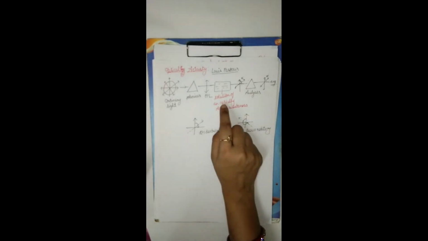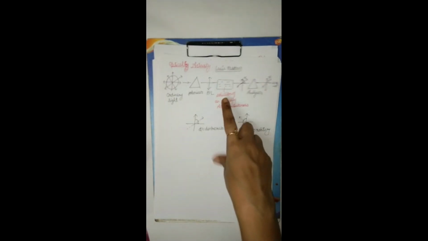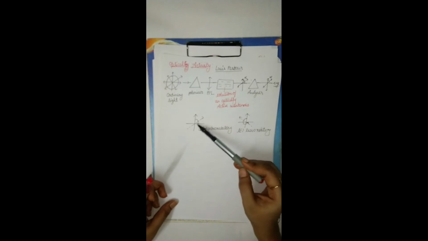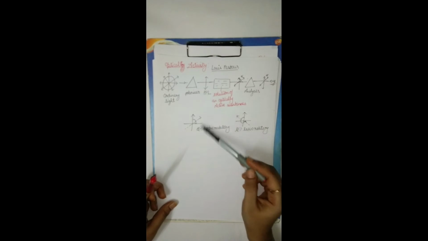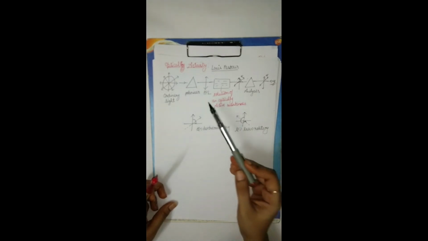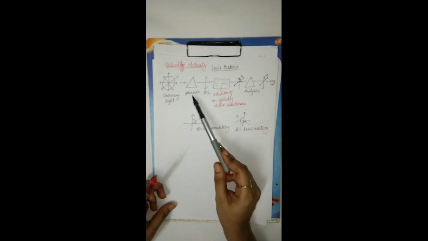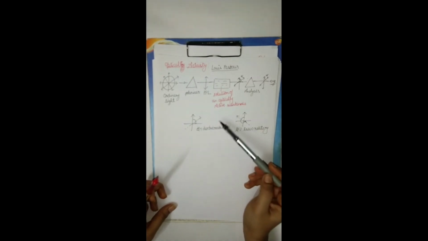This will happen when a compound has three conditions. There are three necessary conditions for a compound to be optically active. So this is the optical activity, in which the compound rotates plane polarized light towards clockwise direction is called dextrorotatory, and towards anti-clockwise direction is called levorotatory. Two prisms are used, one is the polarizer, the other one is the analyzer.